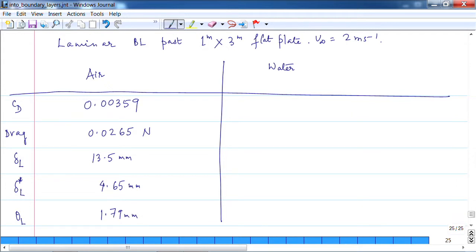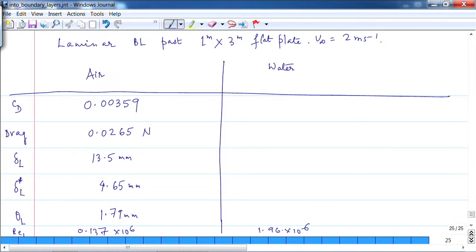I will give you the values that I get for water, and you go cross check this. Also, the Reynolds number will change. In the air case, the Reynolds number based on the length was 0.137 into 10 to the power 6, and in the water case it is 1.96 into 10 to the power 6.